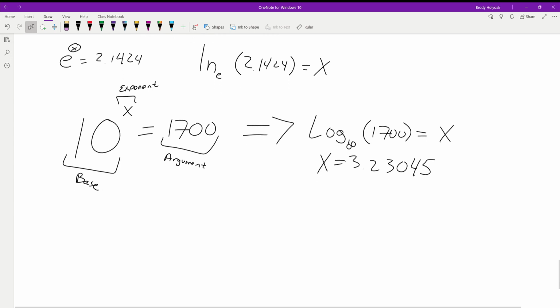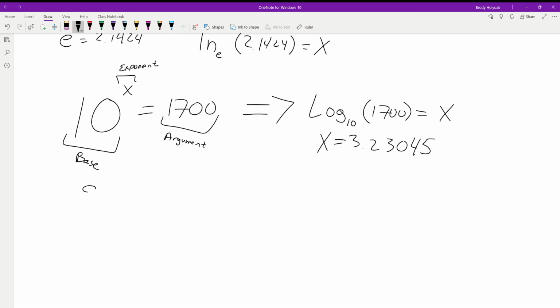Okay? So the same thing, if we put 9 to the x is equal to 1700, what power do we have to raise 9 to get this value? We would solve it the same way. We would take log base 9 of the argument 1700 gives us x.